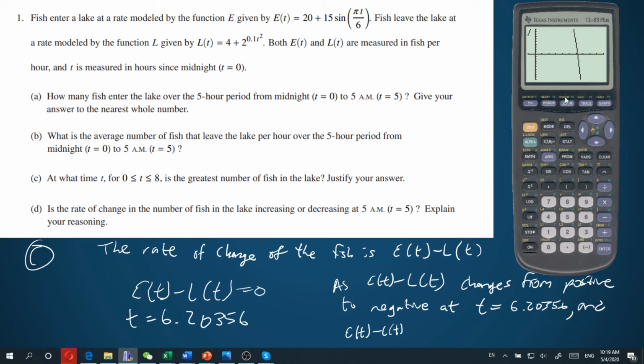Looking at this graph on the calculator, this is ET minus LT. 8 is right here. So if you were looking at this graph, how could you prove that this point where we hit 0 must be not only a relative maximum, but the absolute maximum between 0 and 8?